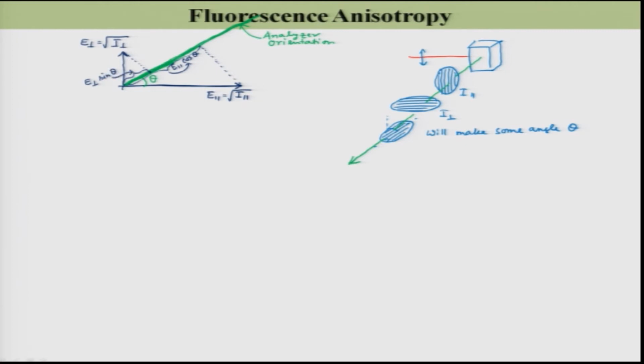Now, my life is simple, let me write it. If it is E parallel sin theta, that means the intensity is the square of that. When it is E parallel cos theta, then the intensity is just the square of that. Now I can write it this way. You see, I is a function of t, right?